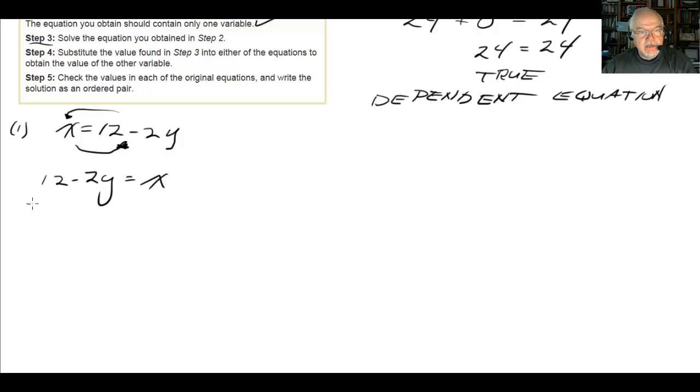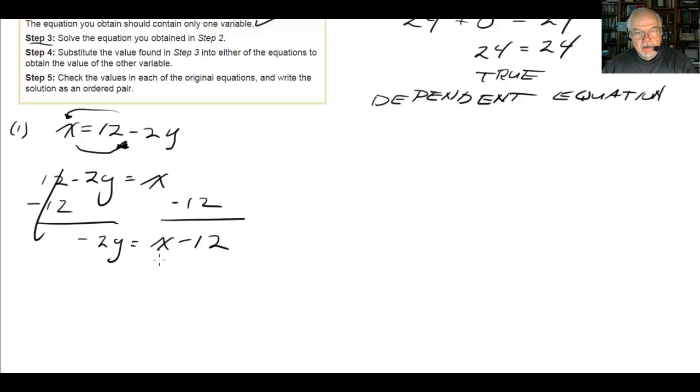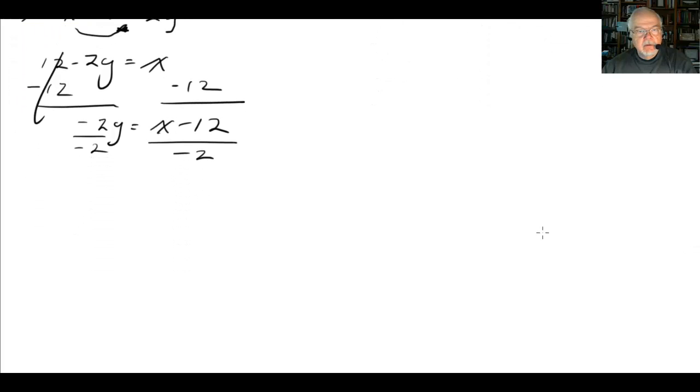All right, let's get rid of the 12. Minus 12, minus 12. That goes away. This becomes minus 2y equals x minus 12. Divide both sides by minus 2. Okay, and what does that get us? Well, that gets us y isolated on the left-hand side, which is just what we wanted to do.